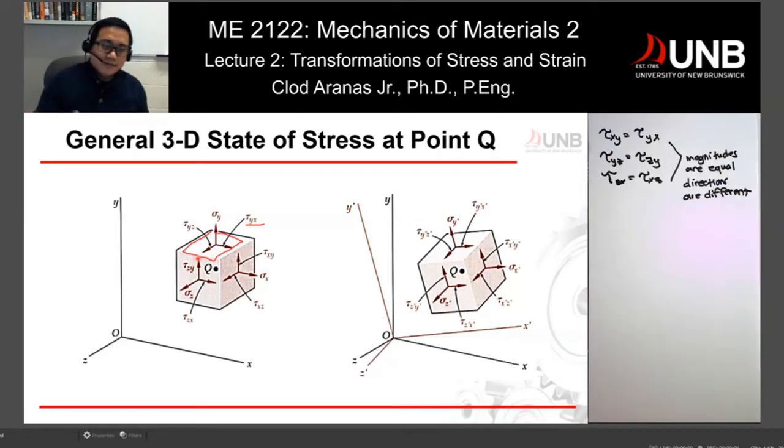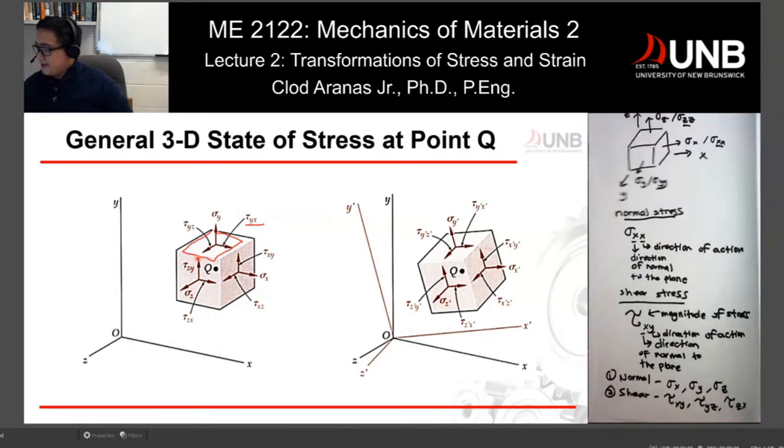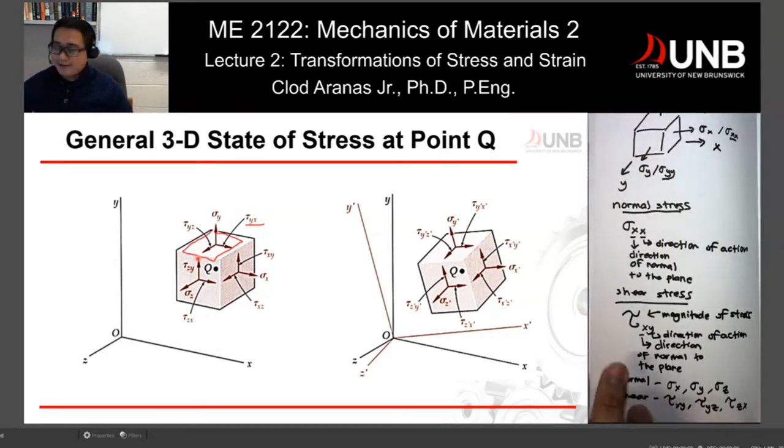Now we have 6 different magnitudes. So we have sigma x, sigma y, and sigma z. So we have this and this, but in total we have 9.